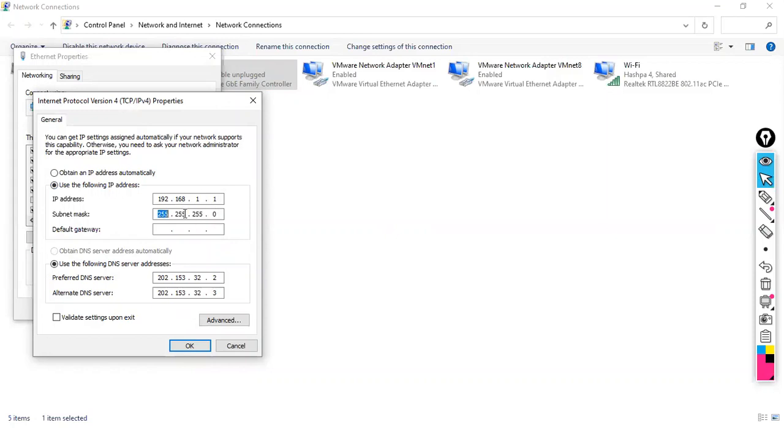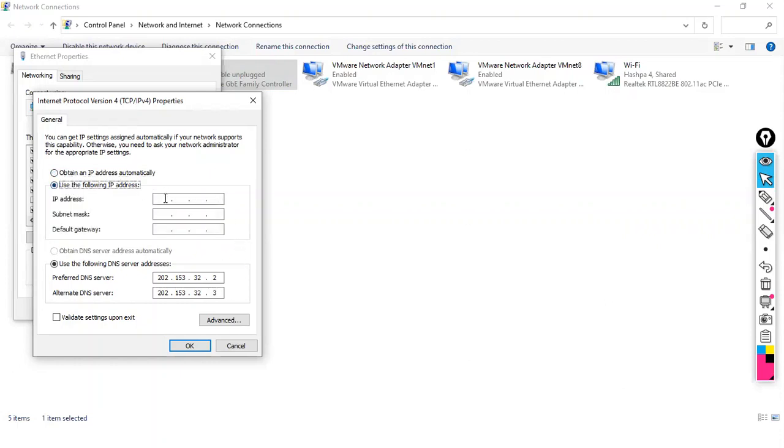You can see 255.255.255.0, because this IP address belongs to class C, and the default subnet mask of class C is 255.255.255.0. If I configure a class B IP address, you can see the subnet mask is 255.255.0.0, because class B is having two network portions and two host portions.